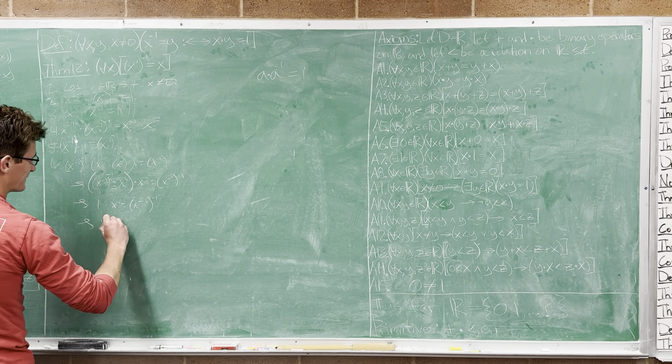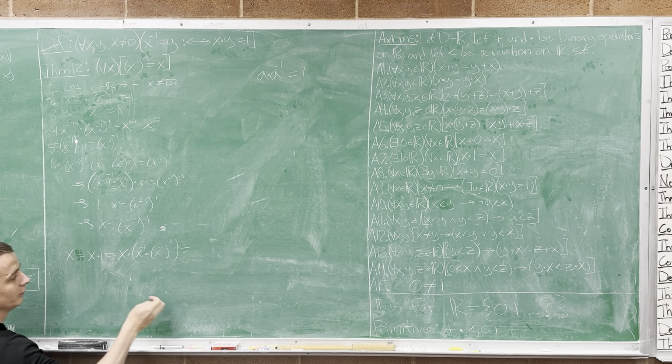Okay. Wonderful. Let's just write that a little bit differently, just for the fun of it. This is what I got used to doing in calculus. So x is equal to x times 1 is equal to x times 1, right?